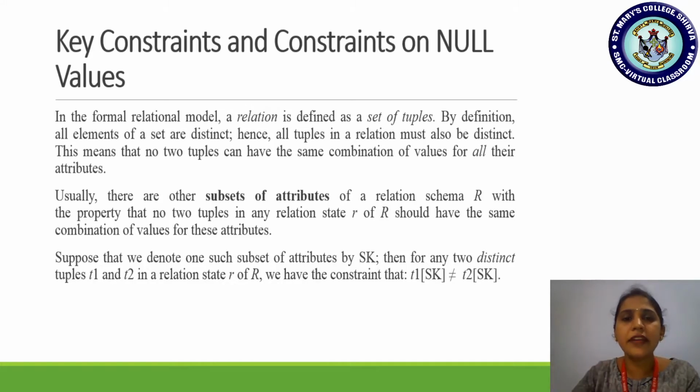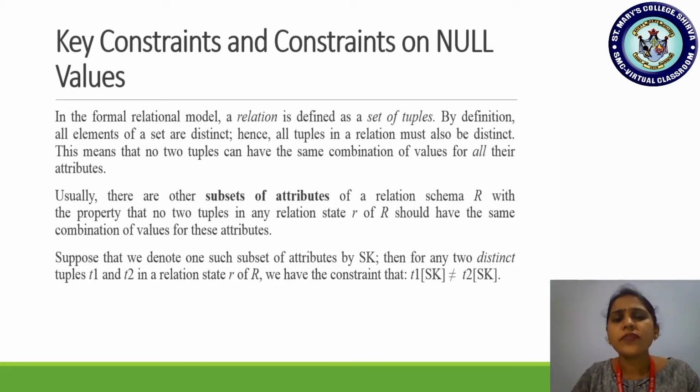Like if you are entering 100, 200, 500 students' information, it is row by row, tuple by tuple, right? So a set of tuples. By definition all elements of a set are distinct. So if we are entering 200, 500 student records row by row, all these students' information is unique. Yes or no? There won't be any repetition or matching of information.